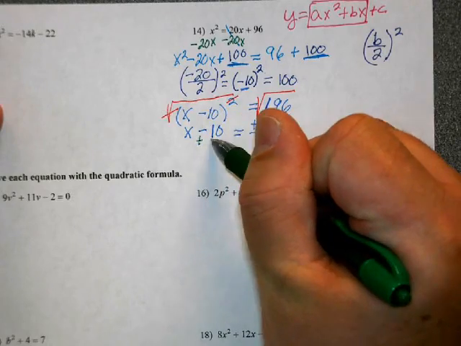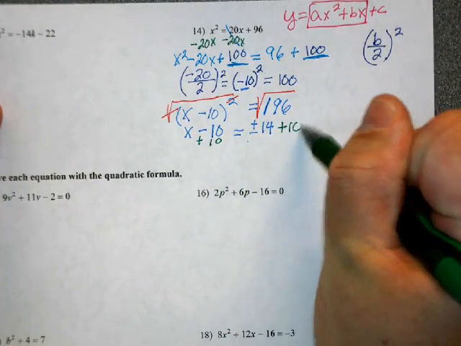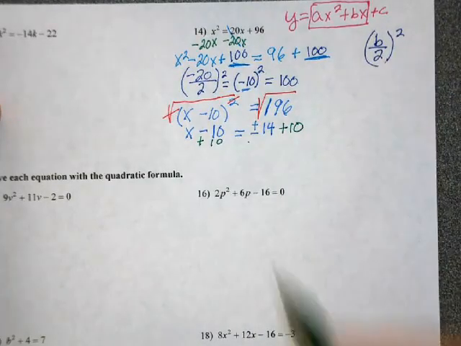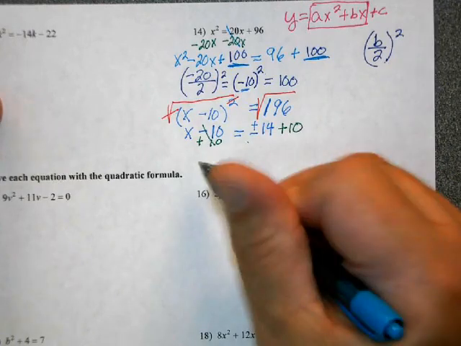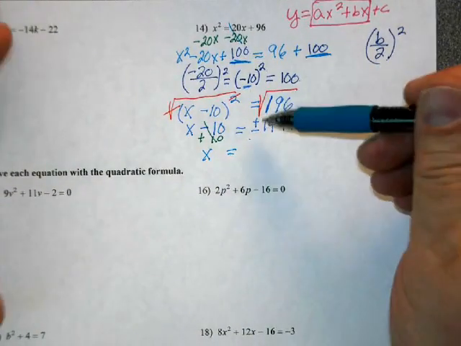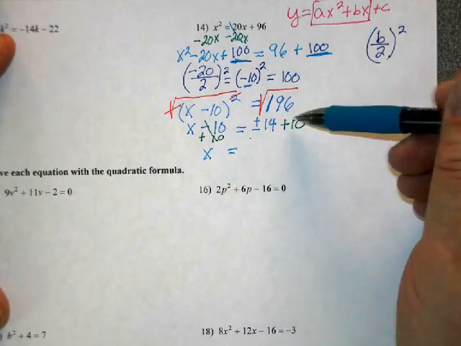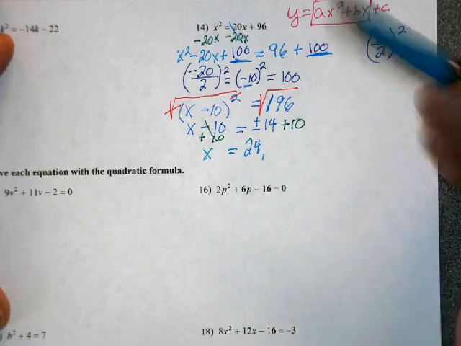Now these are like terms. Positive 14 plus 10 gives me a positive 24, and negative 14 plus 10 gives me a negative 4.